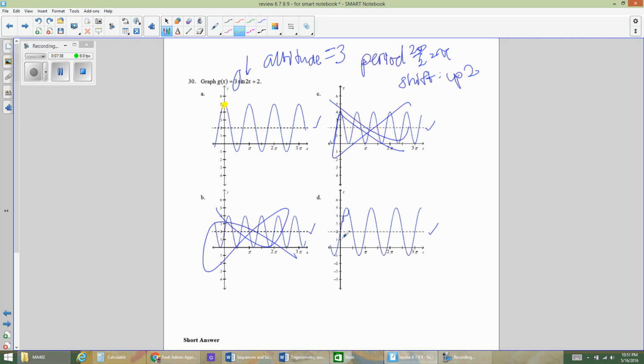This one starts up. This one starts down. We have sine. The question is, where does sine start? Hope you chose down.